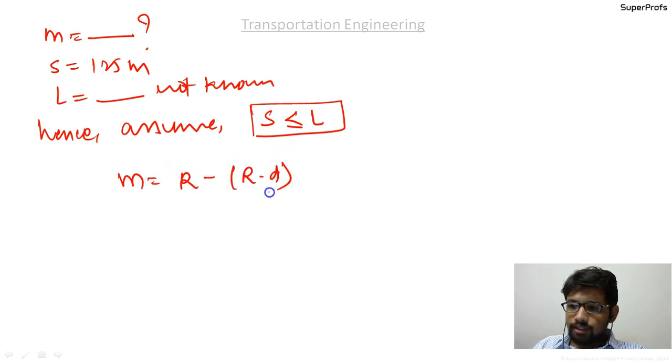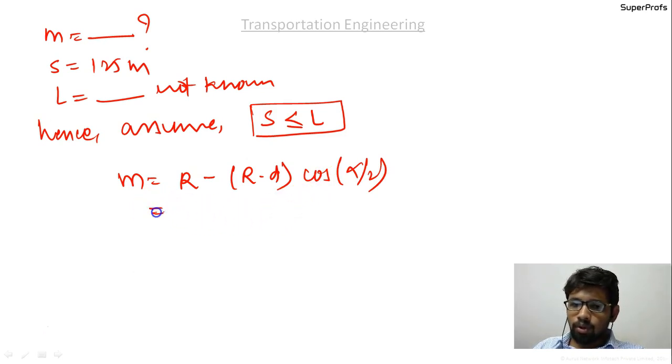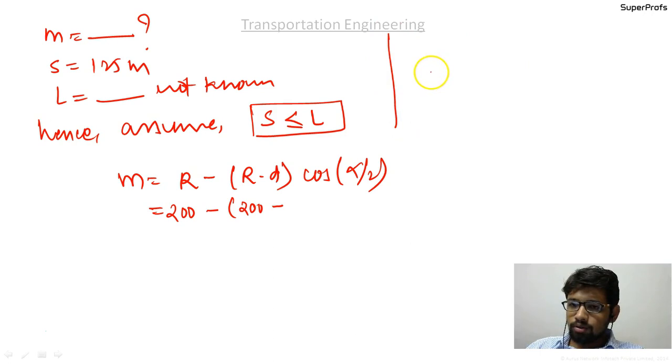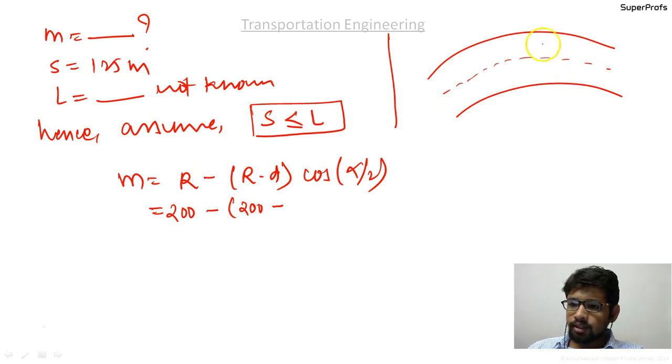So the setback distance m equals R minus d cos of alpha by 2. We know that R equals 200 minus d. What is d? This is our road, a two-way road, and this is the median. This is the center line.